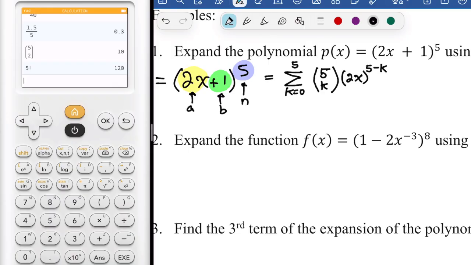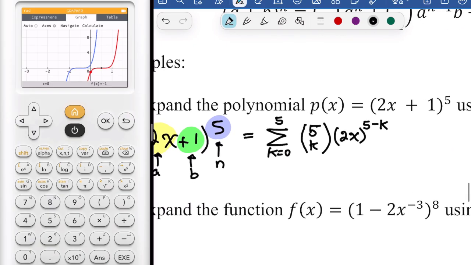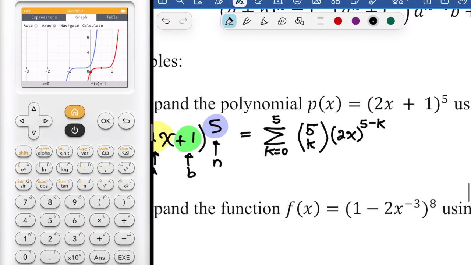The 5 minus k corresponds to that first exponent. So if I put in a 0 for k, I get a result of 5, and our a term, if I'm using Pascal's triangle, would start off being raised to the high power, which is consistent.